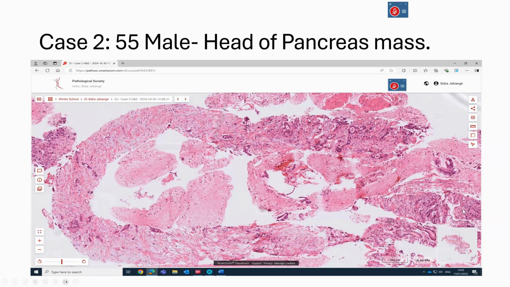If you focus on this area, I don't know if you can appreciate my arrowhead, there's a little normal pancreas with some chronic inflammatory reaction here. But this core is diffusely infiltrated by these malignant looking ducts. No acini. The pancreatic stroma shows very nice desmoplastic reaction, juicy stromal changes.